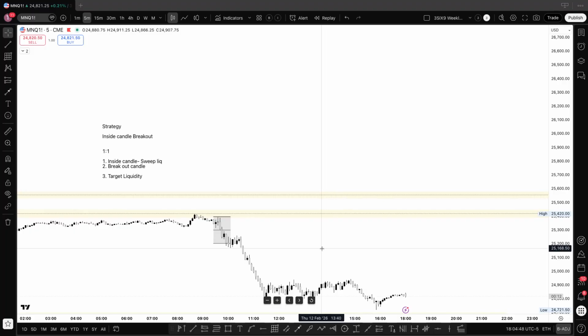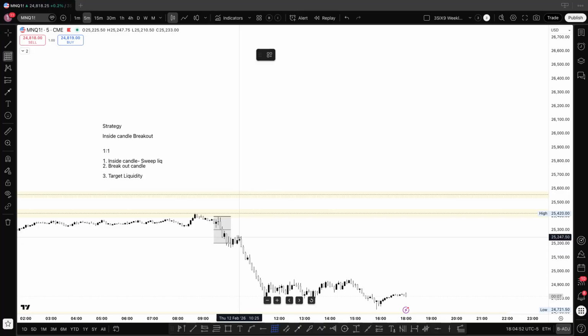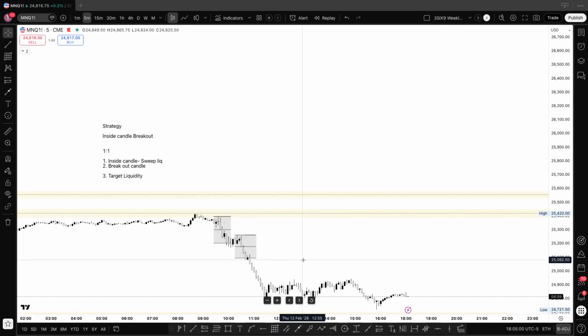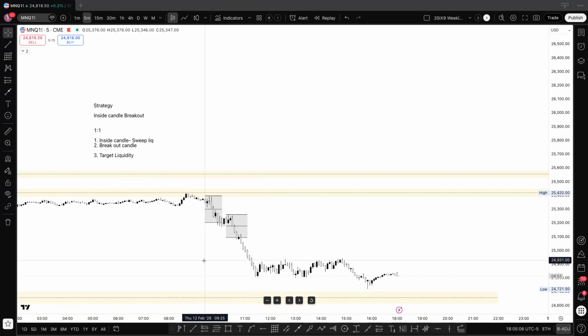There it is. Now, this strategy is really great for scalpers or even swing traders. But swing traders, you have to hold it for a couple of days or weeks. But if you are a scalper, this is all you need, guys. You need to know the market structure, you need to know the sideways range, you need to know the trending ranges as well, and liquidity pools. So that's why I write down here. It's a one-to-one strategy.